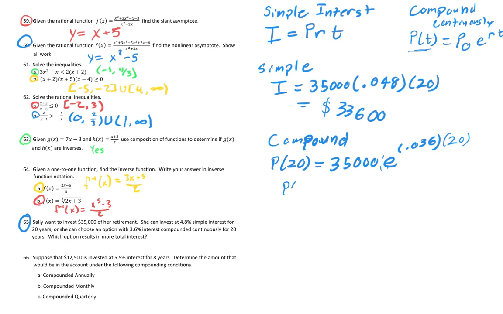So how much we have in our account after 20 years is what we just solved for here. So 35,000 times e to the power of 0.036 times 20.